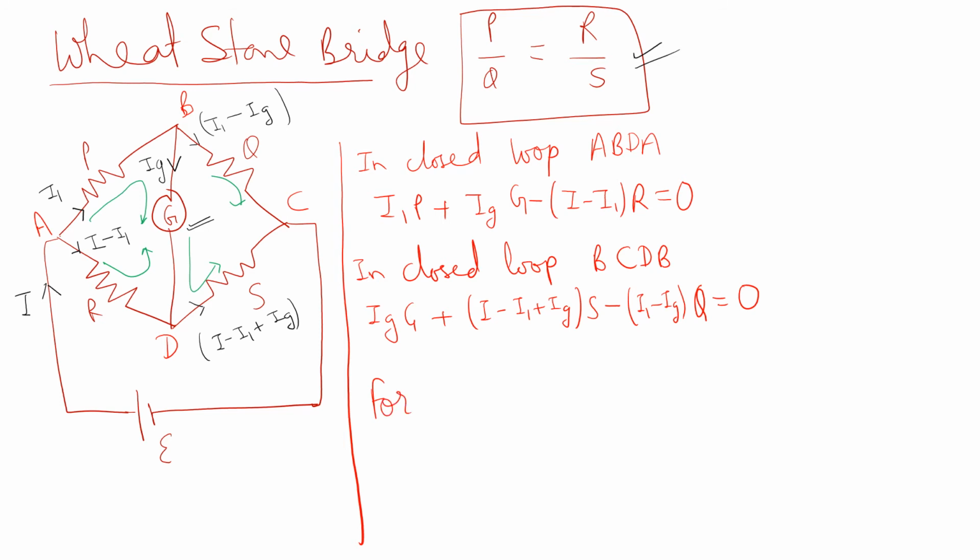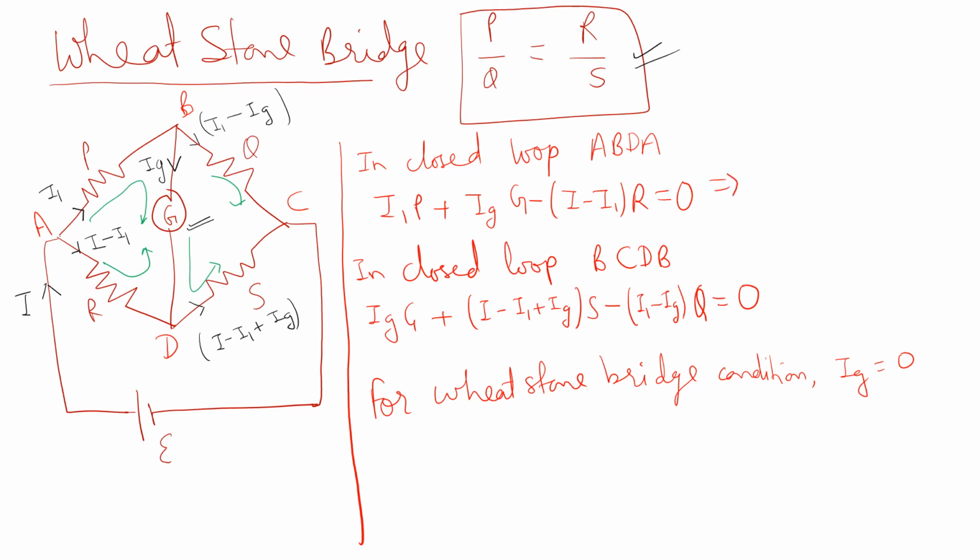For the Wheatstone bridge condition, Ig equals 0, that is, the current in the galvanometer is 0.